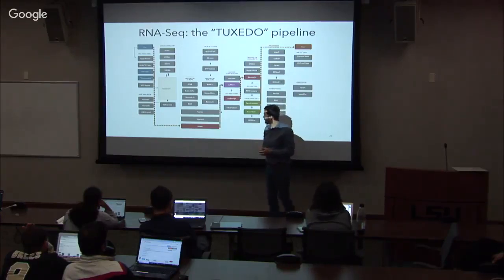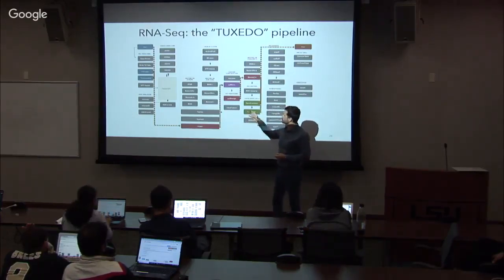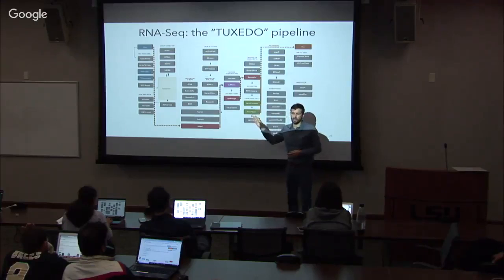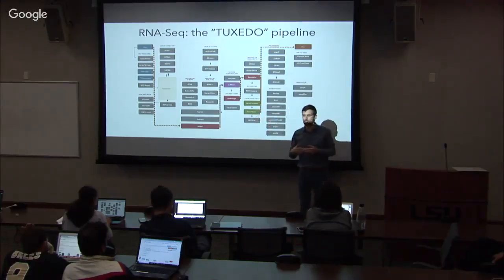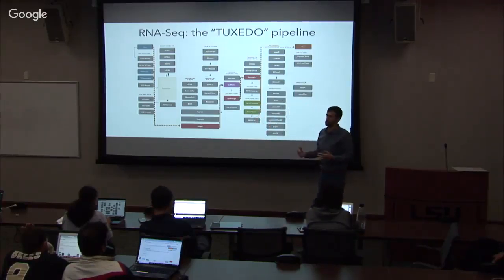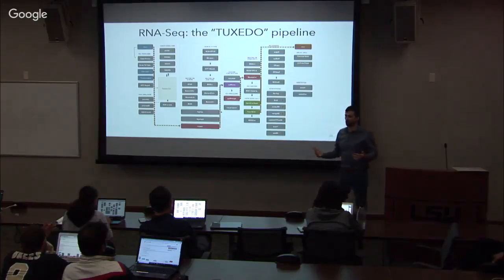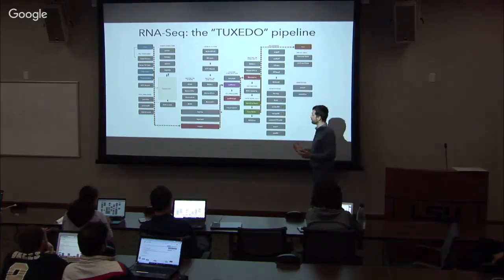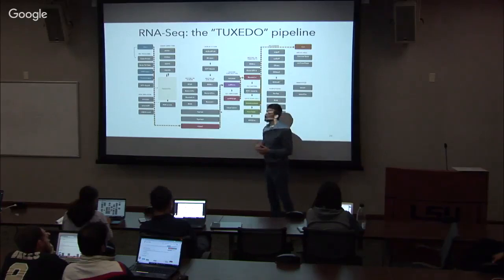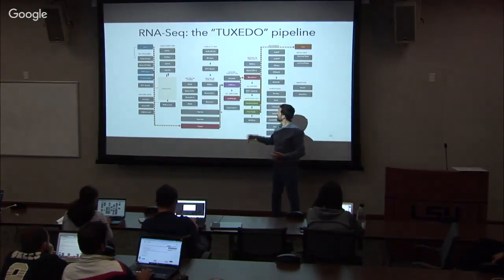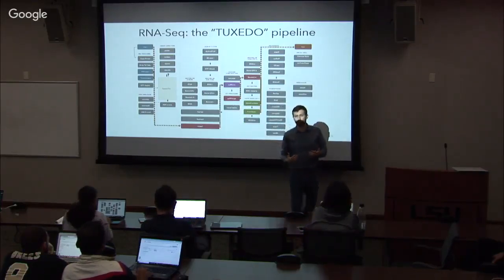your Tuxedo pipeline. So HISAT maps on the genome, identifies exons, identifies junctions, and what it produces at the end is the full alignment file. And that alignment file is then used for combining those exons into isoforms and then adding them into a new updated GTF file.